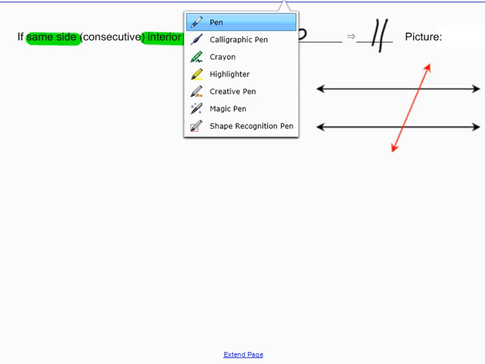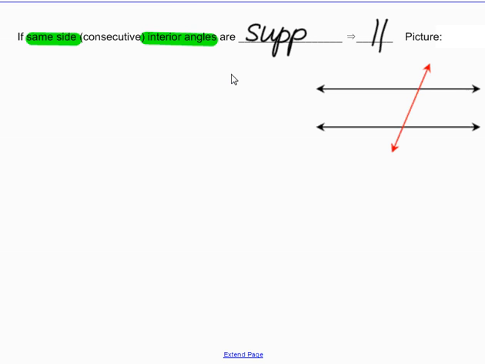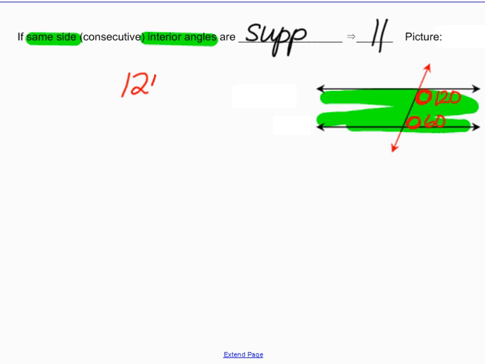So first off, we say interior, so the angles have to be between the parallel lines. And then we say, okay, same side, so that would be this angle here and this angle here. So let's pretend this one is 120. That would mean this one had to be 60, so that they're supplementary. 120 plus 60 equals 180, supplementary.